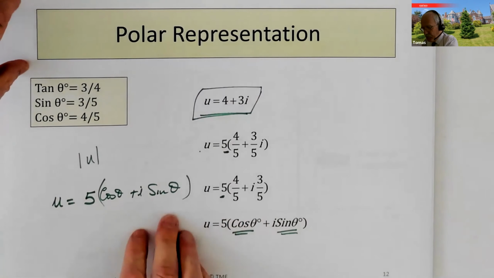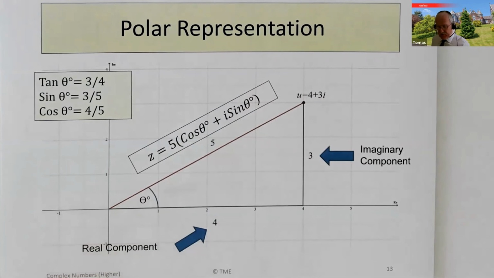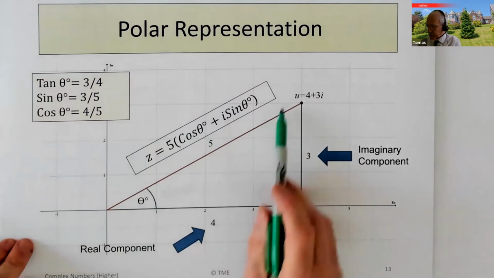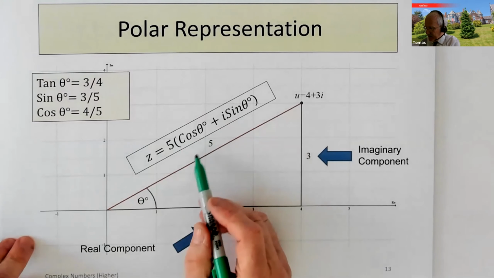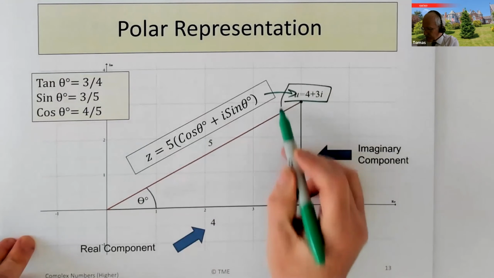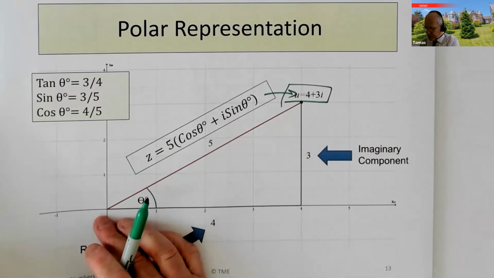And we'll find this one really useful when we're talking about other theorems later, De Moivre's theorem and calculating roots and square roots and stuff. So there's our polar representation. We say 5 (cos theta plus i sine theta). That's our variable there, u equals 4 plus 3i, the real and the imaginary, and that's the polar representation.